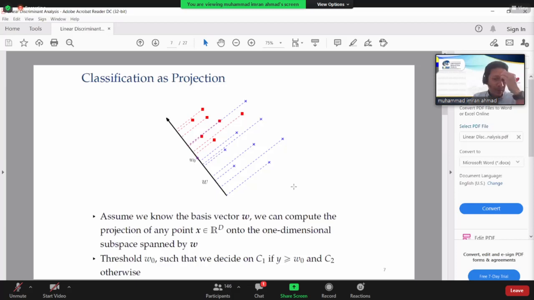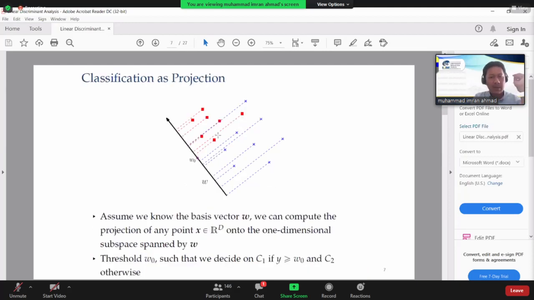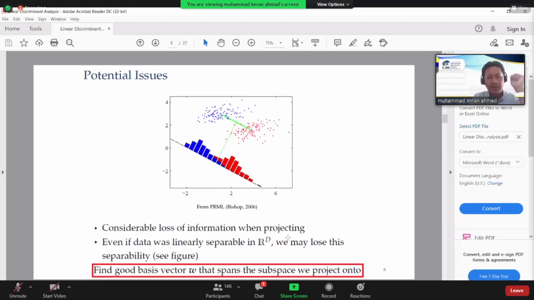The problem is how to get the best projection direction. How to get the best projection W. Let's say if you project W like this, you will not get the best one, because if your W is in this way, there will be an overlap in this region. Let's focus on the figure first, then we try to understand all the sentences here. Let's say this is your data point, blue and also red.